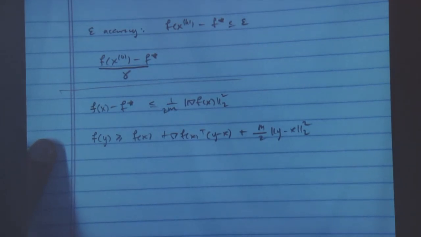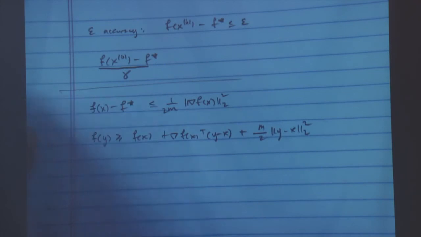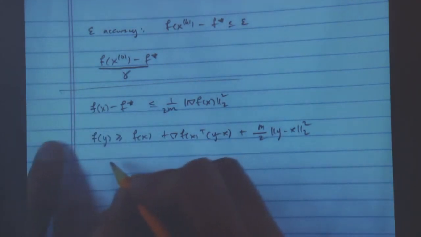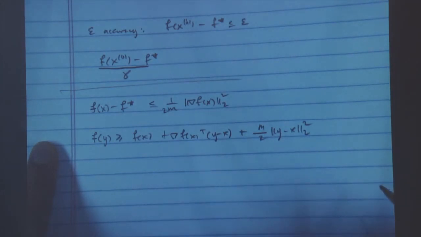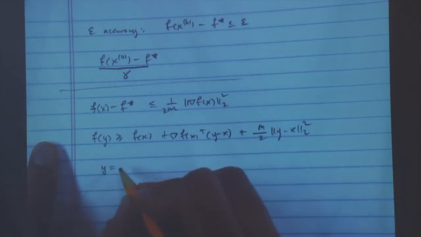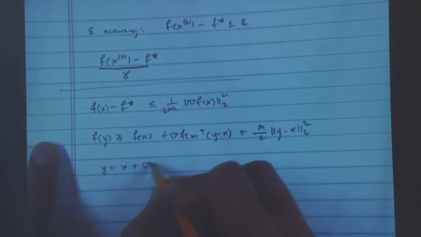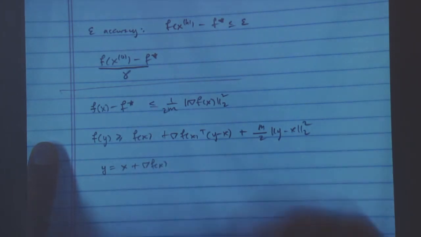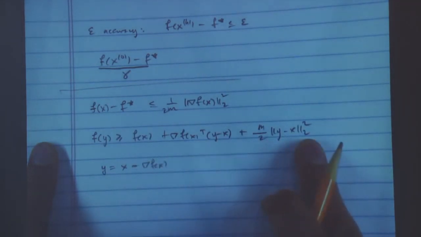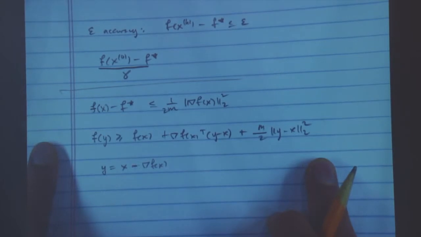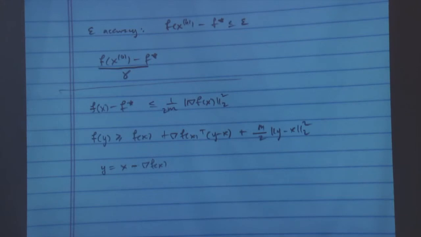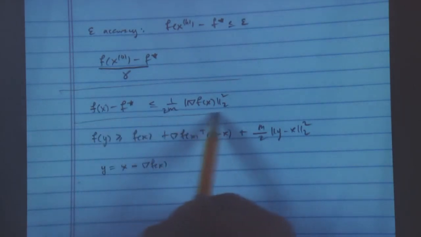Right, now let's take y to be x minus the gradient of f of x. And I think what you'll see is that we get a bound of this form. I'm not quite reproducing it, but we get a bound of this form from the strong convexity of f.